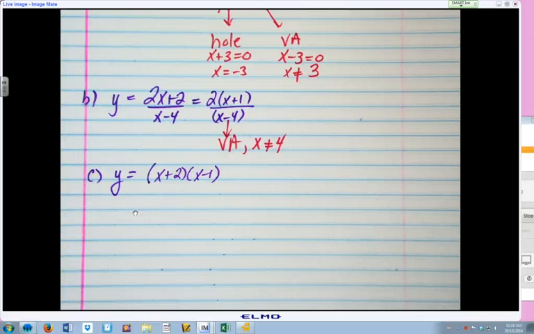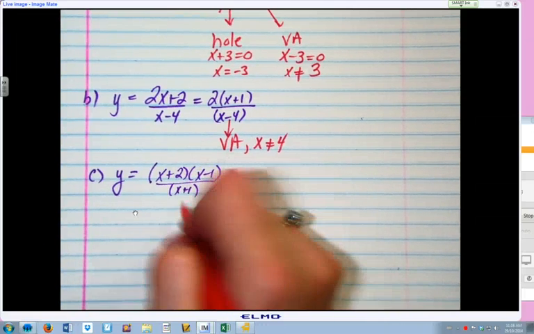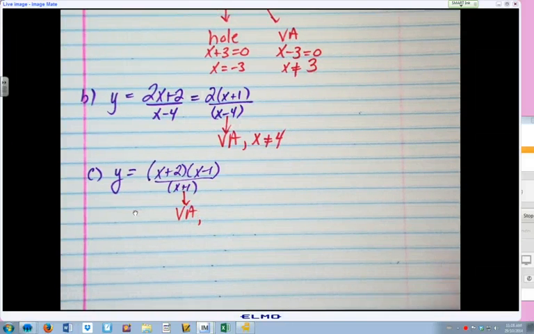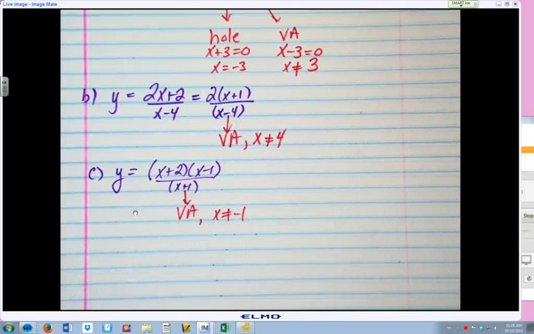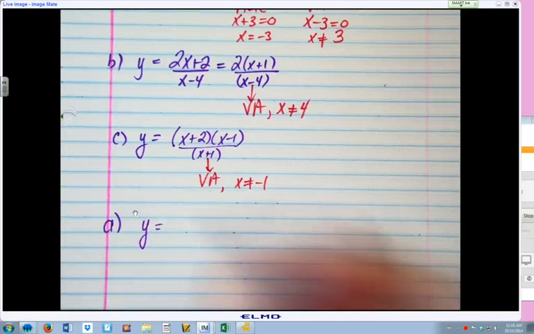Confirm. Okay, can we factor the bottom? Can we cancel? Nope, that tells us this is a vertical asymptote. X not equal to -1. Can we factor the top for D? Okay.